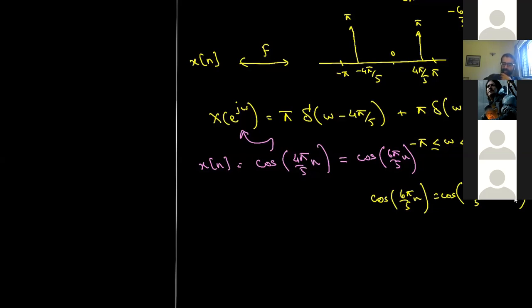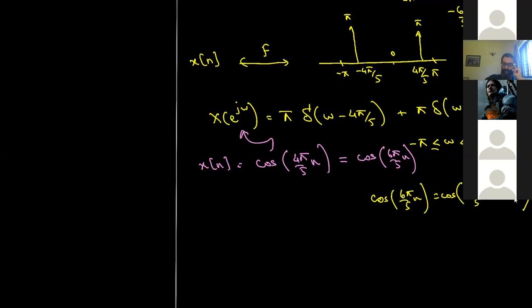So even though this is true, you would have to use the periodicity and the frequency. Actually, even if there's any integer multiple of 2 pi, that's still true because of the periodicity of cosine. Okay?